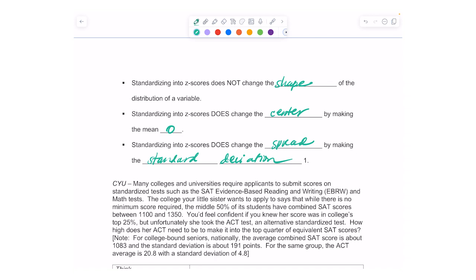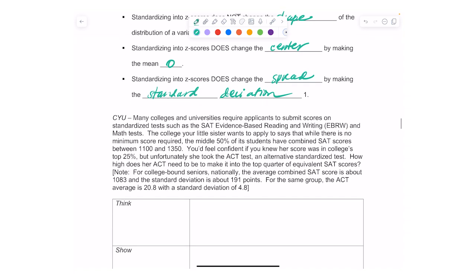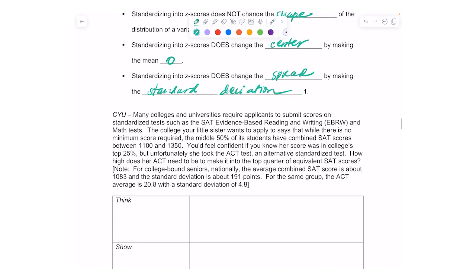Okay, if you could, please pause the video and then unpause it when you're ready to solve this problem. Many colleges and universities require applicants to submit scores on standardized tests such as the SAT Evidence-Based Reading and Writing, which is EBRW, and math tests.